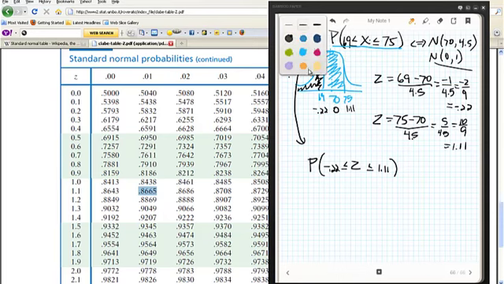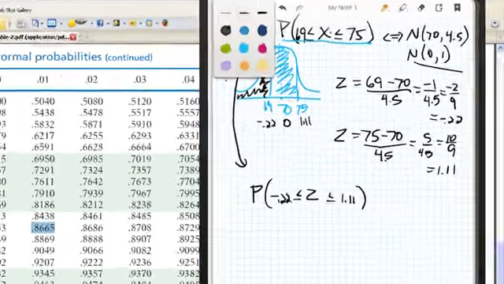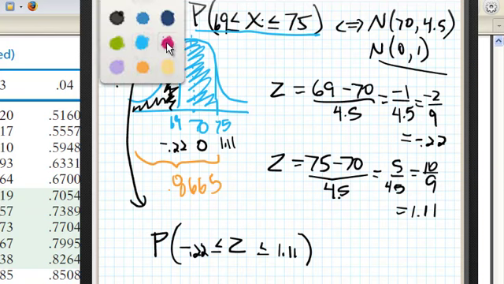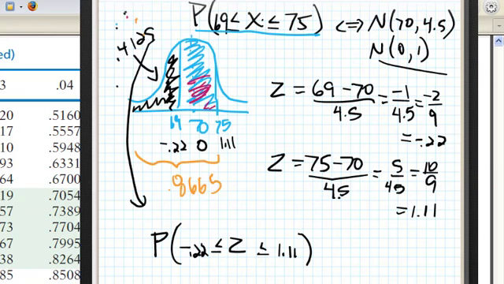That tells me that the area from 1.11 to the left is 0.8665. The problem is I want this area in here. How am I going to figure out this area?